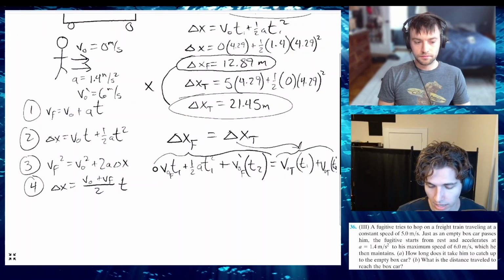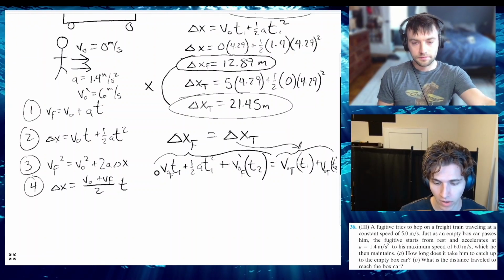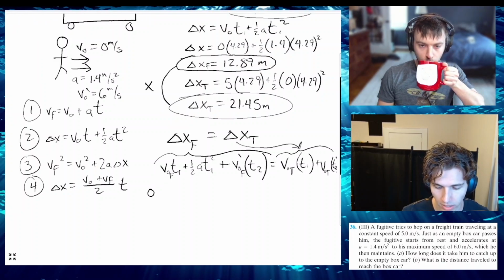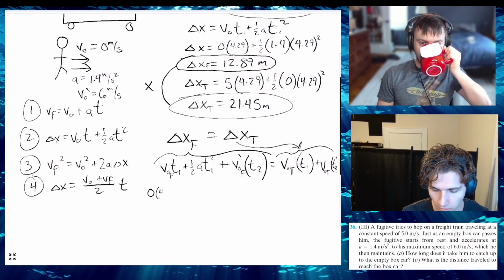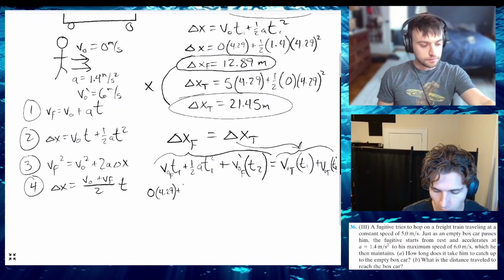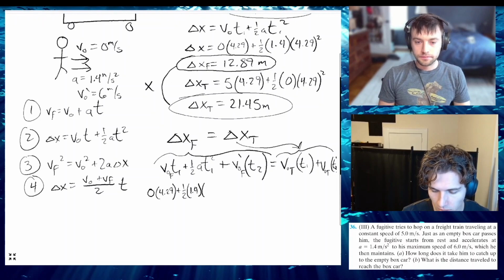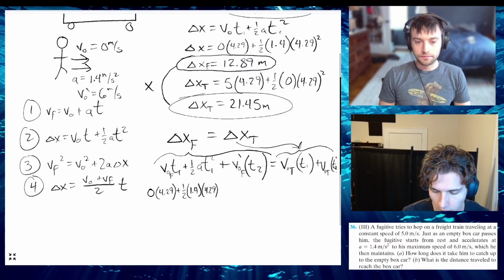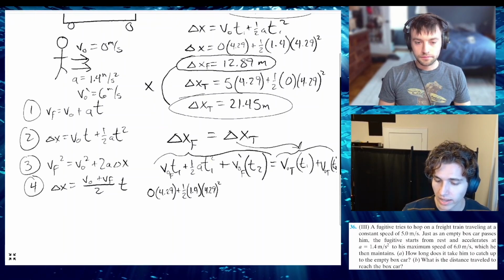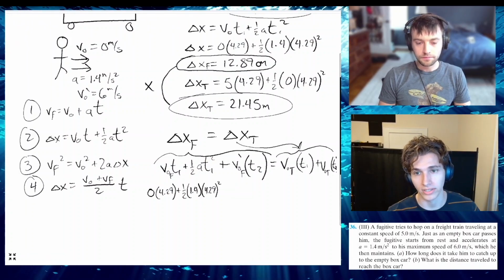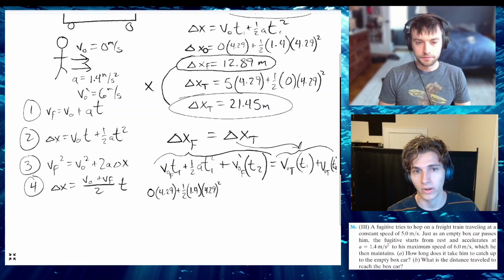So the initial velocity of our fugitive is 0 when they start. T1 is 4.29, plus 1 half 1.4 times 4.29 squared. We already kind of did that, so we know that this part's going to be 12.89 meters. This is what we did in part 1 here.